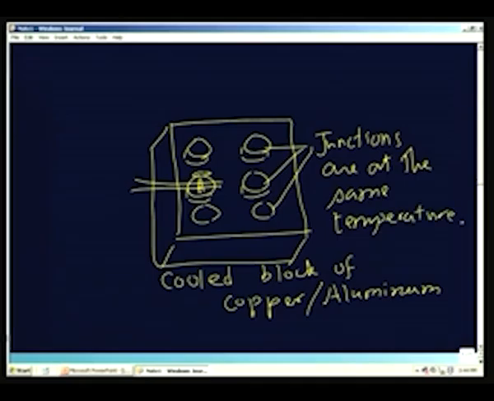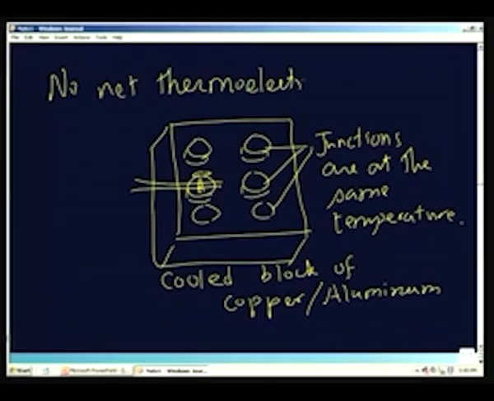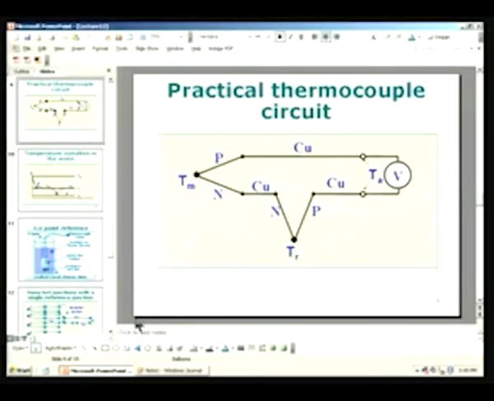The advantage is that we are now making certain that all the wires which are connected to the terminal blocks here are at the same temperature, and therefore, no net thermoelectric effect. That is the important thing. So, we do not have any net thermoelectric effect because of the lugs which are now all at the same temperature.